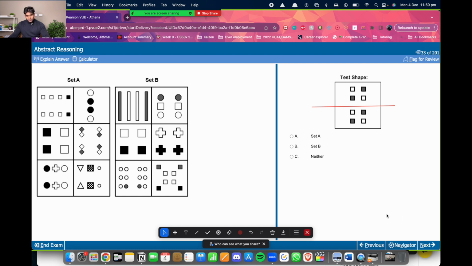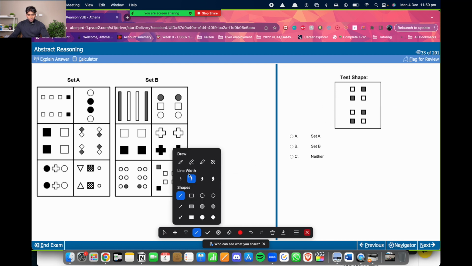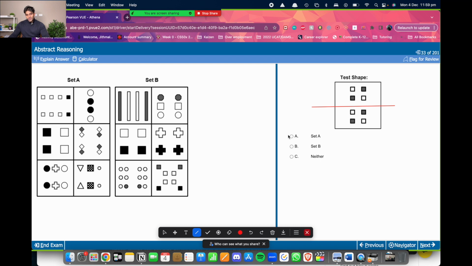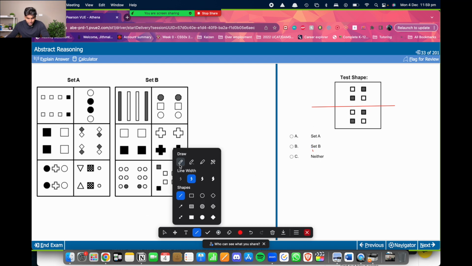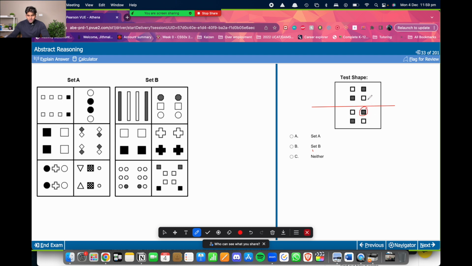This one is neither, and I'll explain why. I probably shouldn't have rubbed that out. If I have it over here, you can see that it's not actually symmetrical, because if it was symmetrical horizontally, this part and this part would both be colored, but they're not. So it's not going to be a set A test shape.